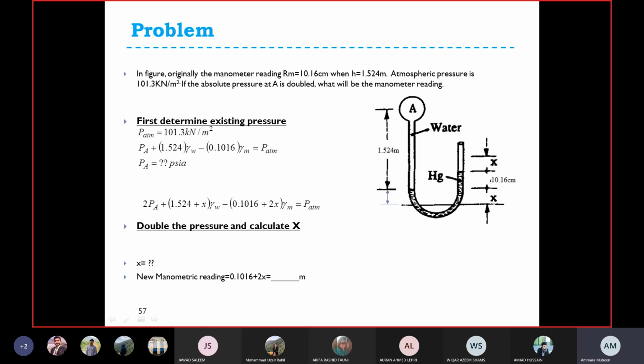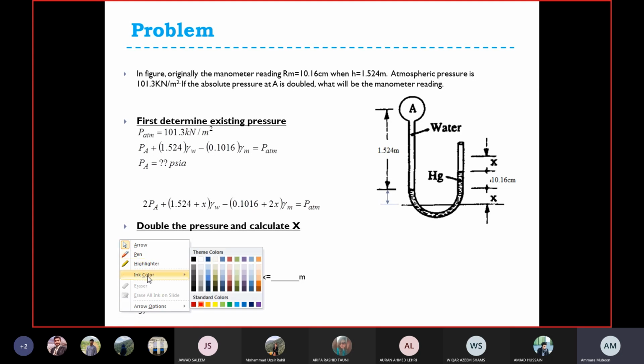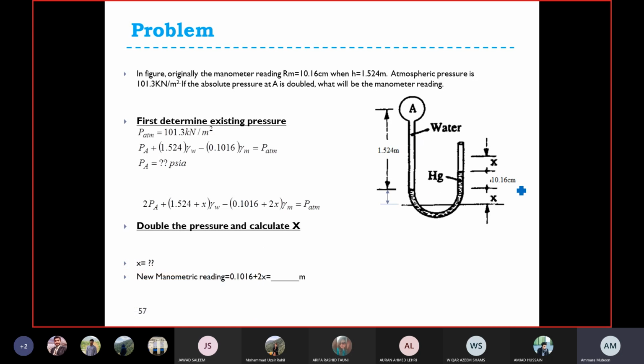So this 10.16 is actually the manometric reading.